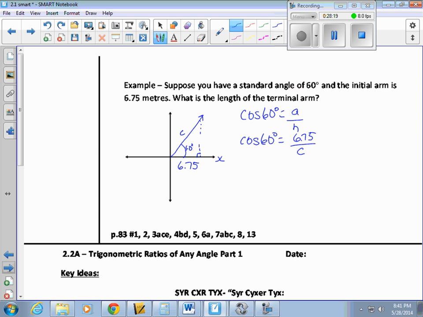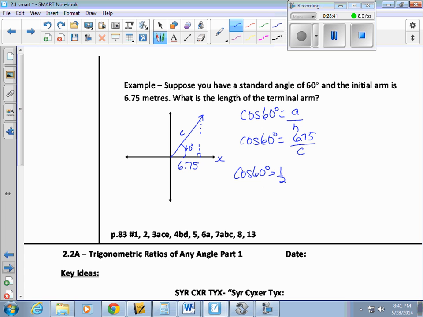If I look back at my reference from my special triangles, cos of 60 degrees, and I'm not going to flip back there, but you can flip on your page, is equal to 1/2. So without having a scientific calculator, you can calculate this. I know cos of 60 degrees is equal to 1/2.